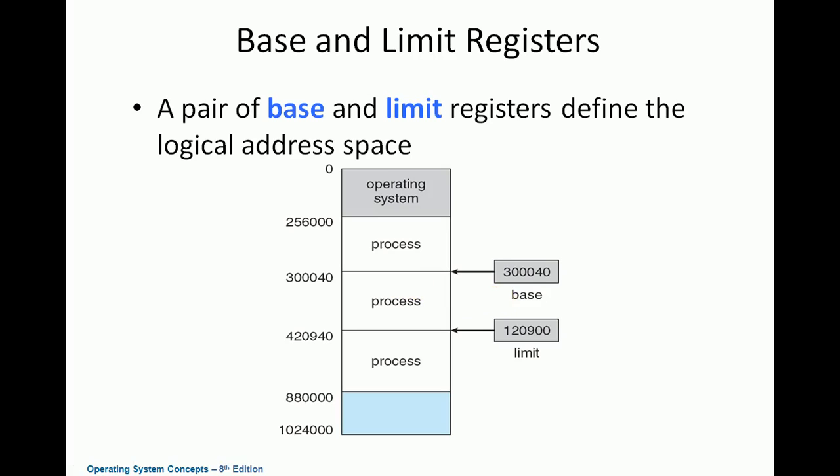For example, if you look at this particular process, its address begins here. This is called the beginning address of the process. This particular program is stored in the main memory at this address, so this is the starting address, and it will be stored into the base register.